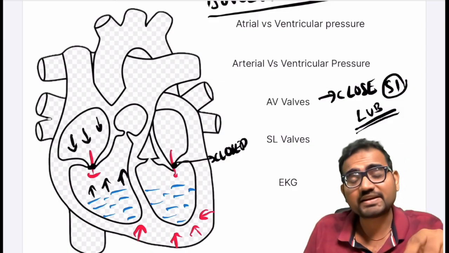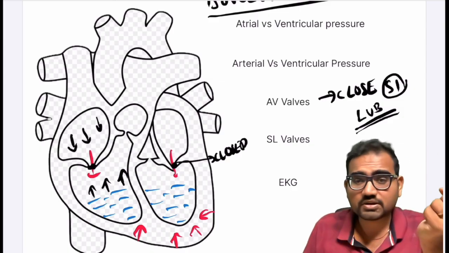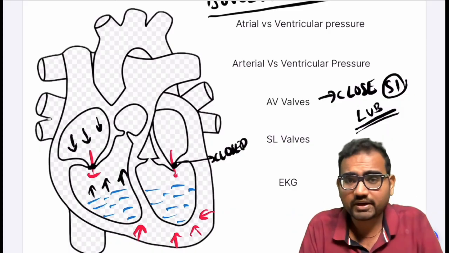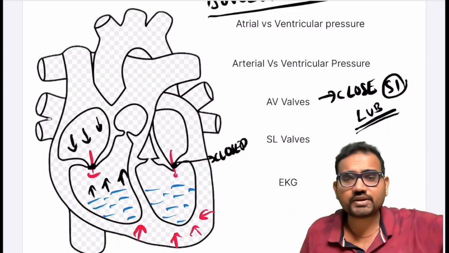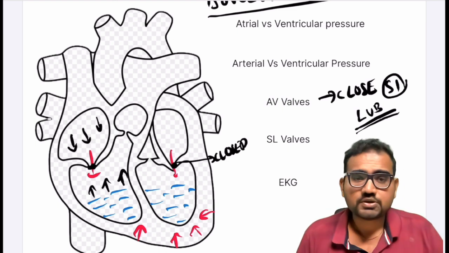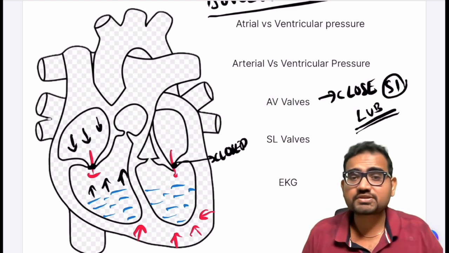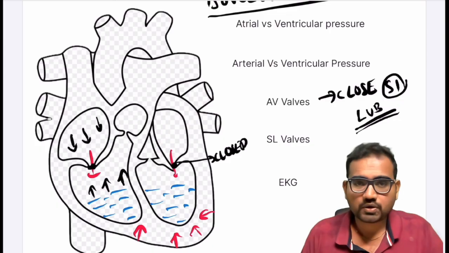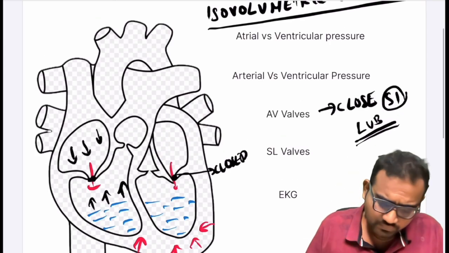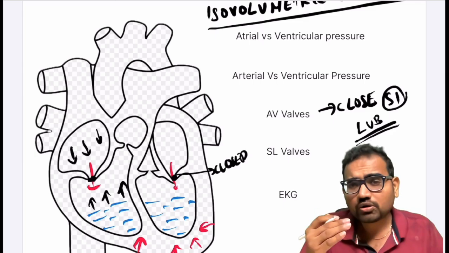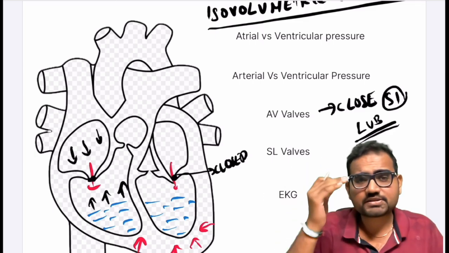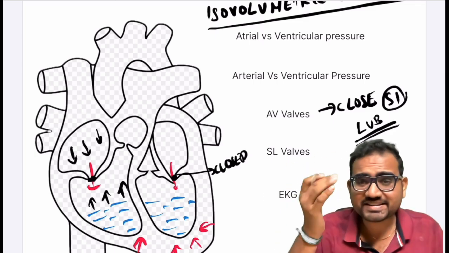Because the pressure increases, and the contraction of the muscles squeezes the left and the right ventricles, which causes the closing of the AV valves. So at this stage, the pressure is building. Now you can ask me whether it is more than the arterial pressure, that is the pulmonary artery and the aortic arch, or it is less.